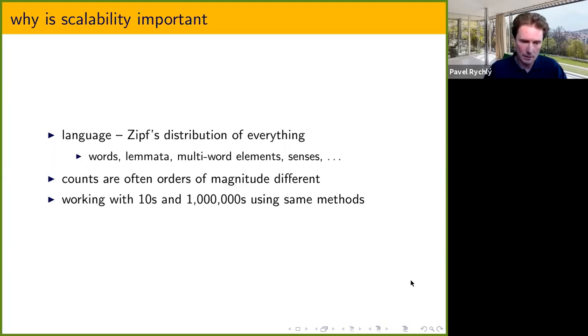If some method works for small numbers, we can quite often use it for much bigger numbers, and that means that scalability is very important in processing language data.